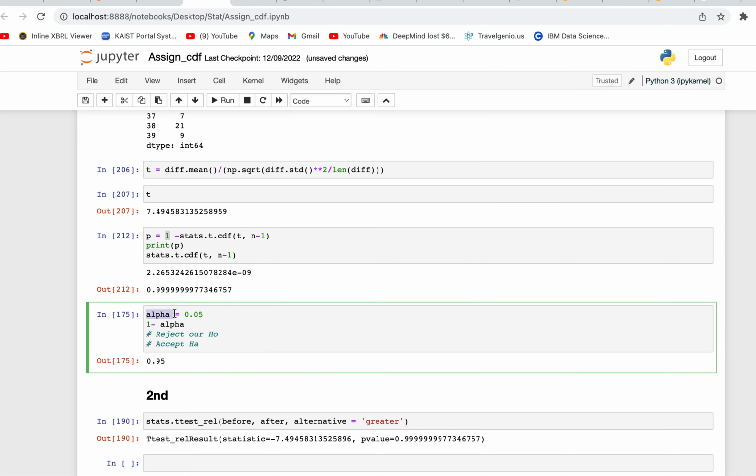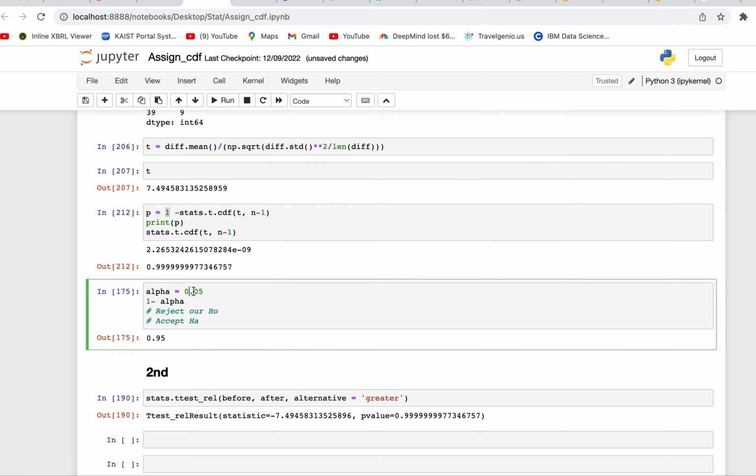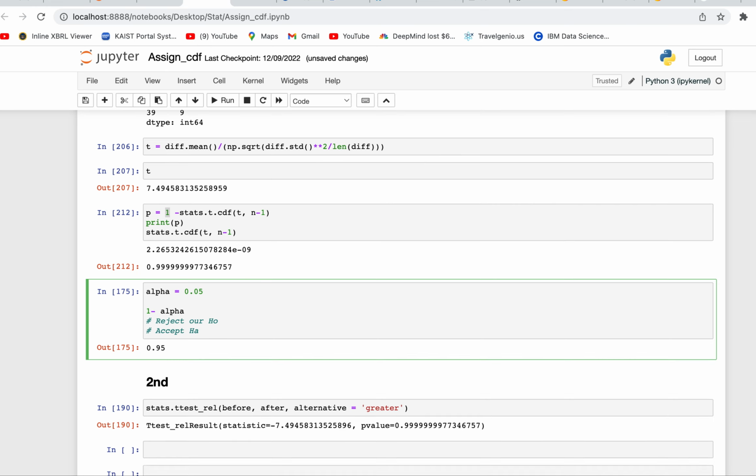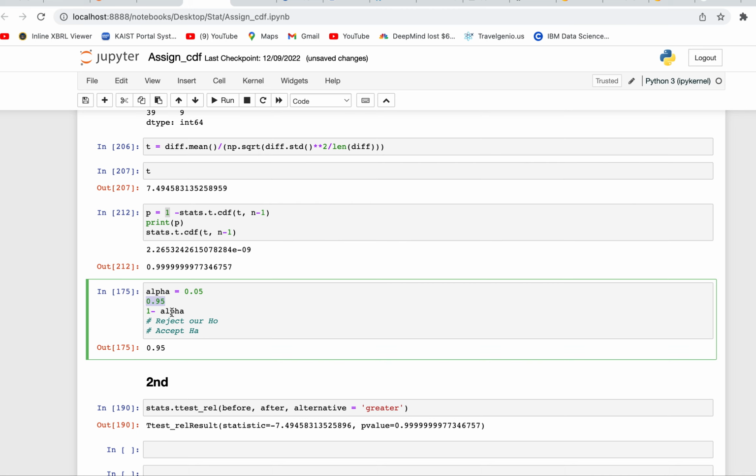As our alpha is 0.05 and our upper-tail p is almost 0, we should reject the null hypothesis. If we compare differently, we can also say that if alpha is 0.05, the higher side should be 0.95, meaning the higher p-value should exceed this amount so that we can reject the null hypothesis and accept the alternative hypothesis.